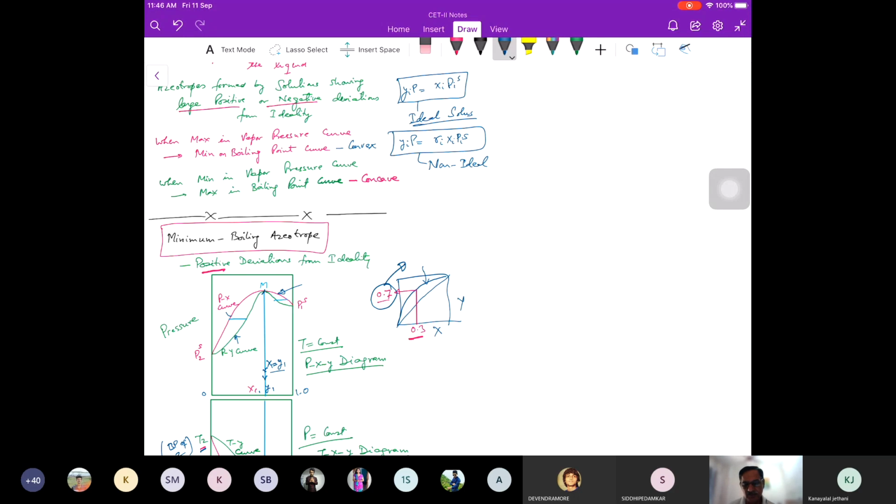Raise hands if you understood. Okay, so tell me what is positive deviations from ideality if you understood it. Anybody can tell me. Only 5 people understood that.